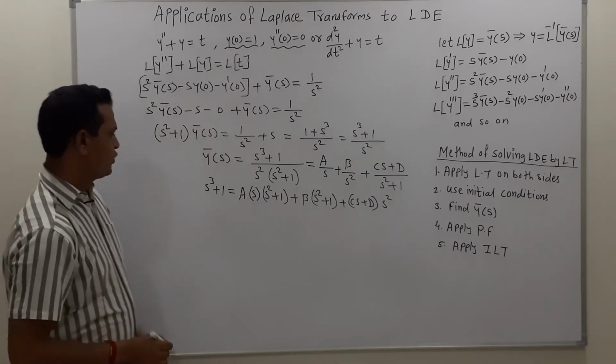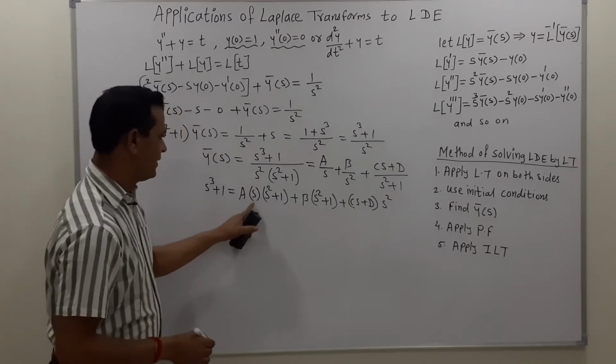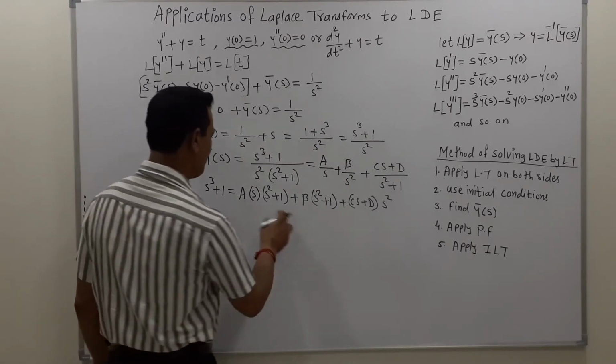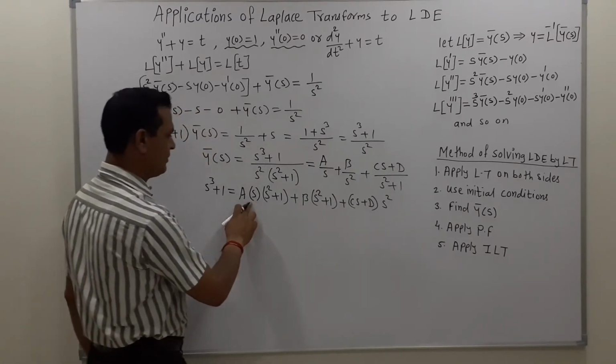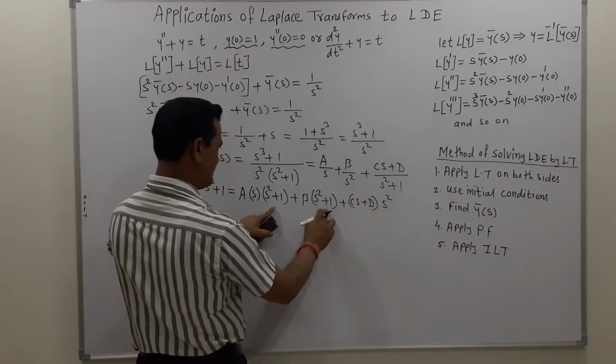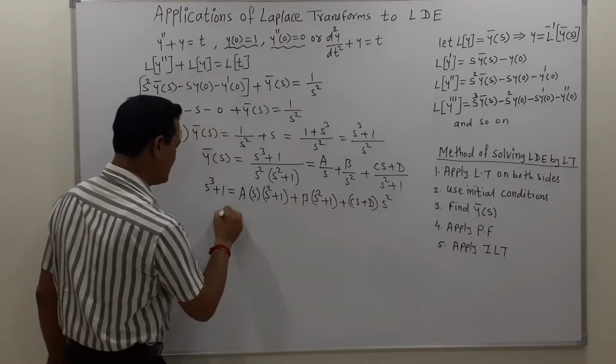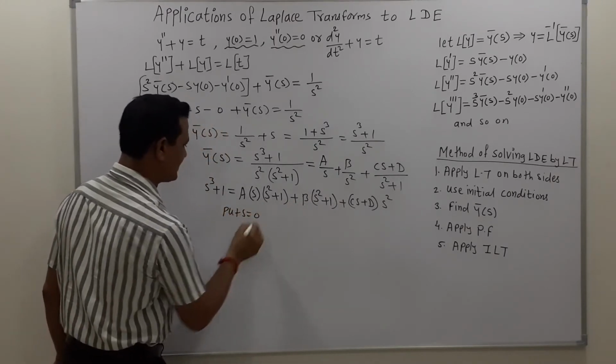Now friends, to get the value of a, it is not possible to get the value directly because s is present here, so this is also available here. So now to get the value of b, put the value of s is equal to 0.